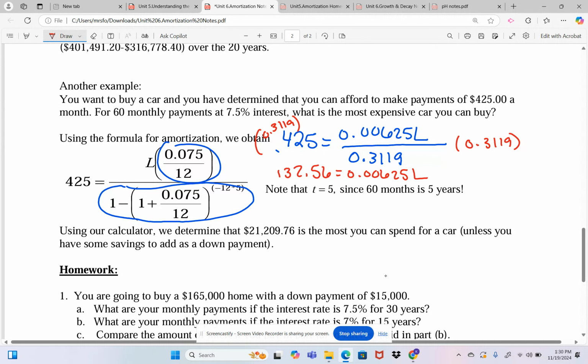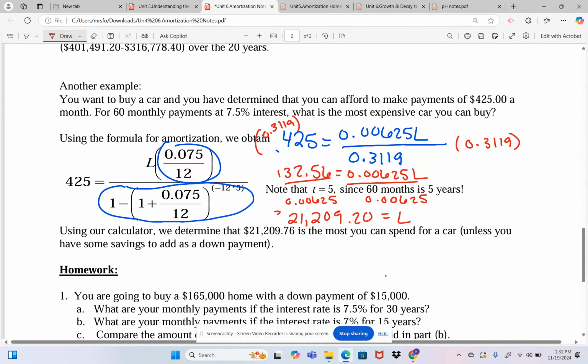Now divide by the 0.00625. And I get 21,209. When I did it in my calculator, I got 0.20 would be the loan. Your cents will probably change a little bit depending on how much you round.